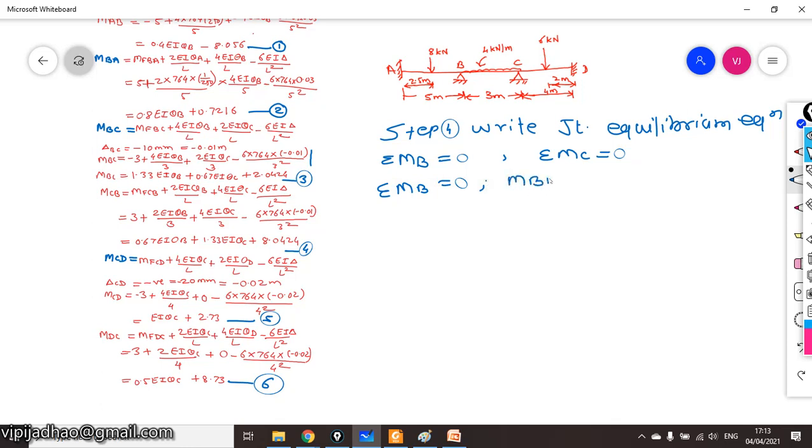MBA plus MBC. These two members are meeting here at joint B, therefore sum of their moment is equal to 0. So we have MBA here plus MBC. If we add these two terms, it will be 0.